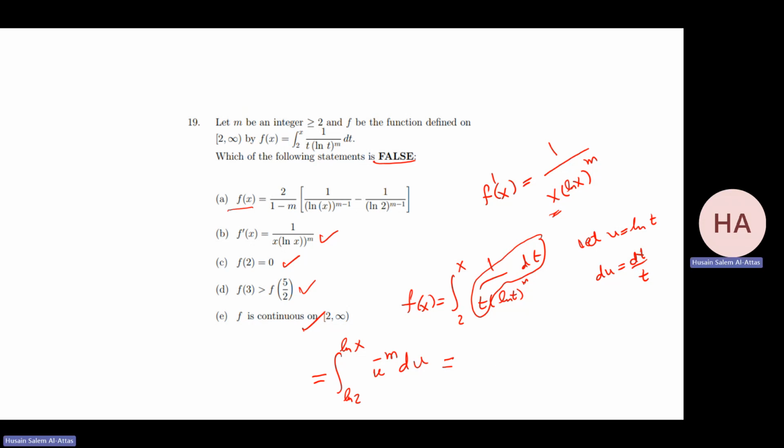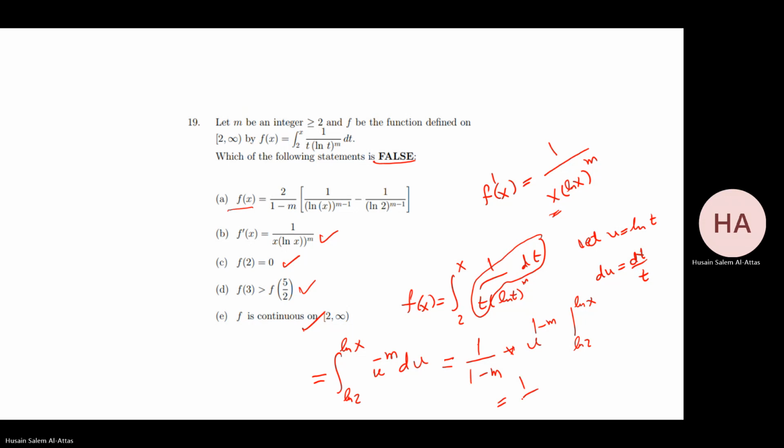What will be the integral of this? Add 1, so I have minus m plus 1, so I have 1 over 1 minus m times u to the power 1 minus m, from ln 2 to ln x.